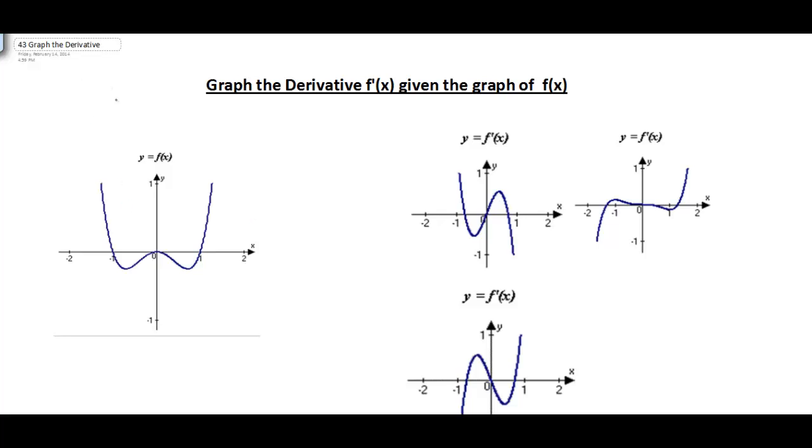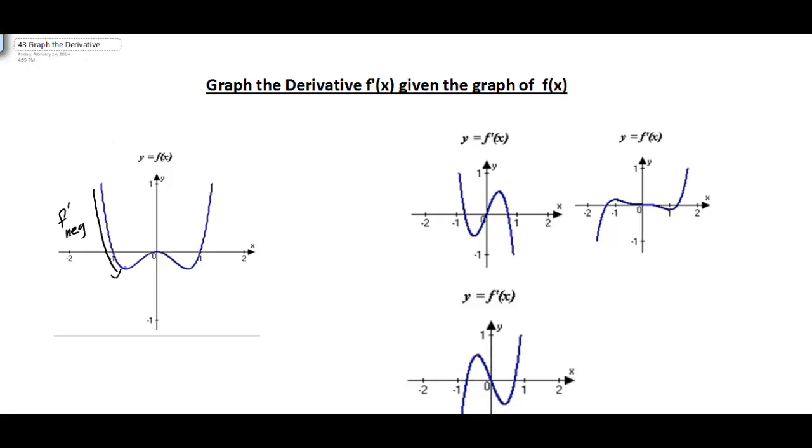All right, to start off, let's look at our function. If we go from left to right, we know that as we go down at this point, our slope is going to be negative. So that means the derivative is going to be negative.